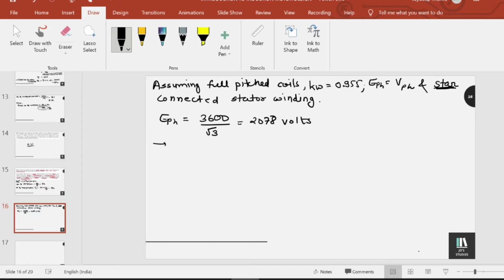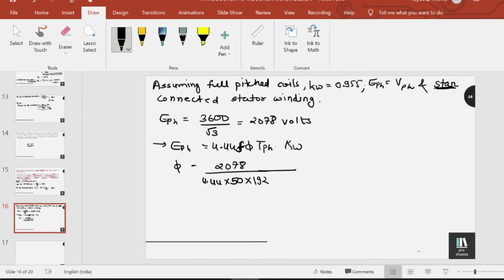Now EPH is equal to 4.44 f phi TPH times the winding factor. We will find phi from this equation: 2078 divided by 4.44, frequency 50 hertz, TPH 192, and winding factor 0.955.